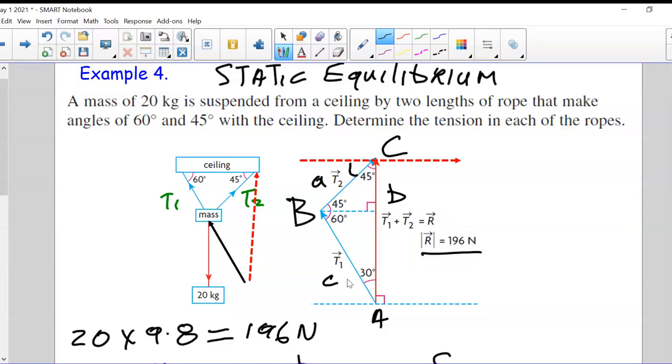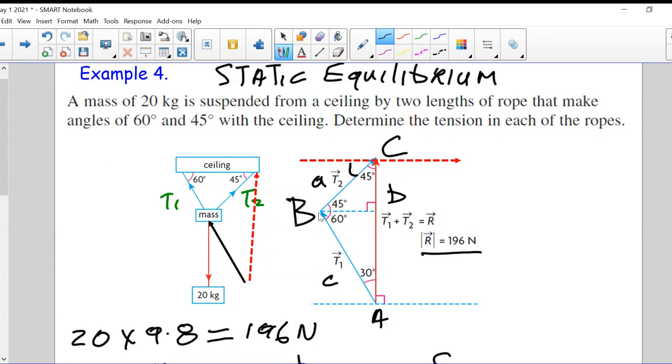So what we did was we said, okay, that means that the angle that this 45-degree line makes with the ceiling must be the same as this angle on the interior opposite of the horizontal that you create below the original ceiling. So there's 45 there as well. The 60 degrees that you have up here will be the same as the 60 degrees down here, but therefore the same as the 60 degrees up here.